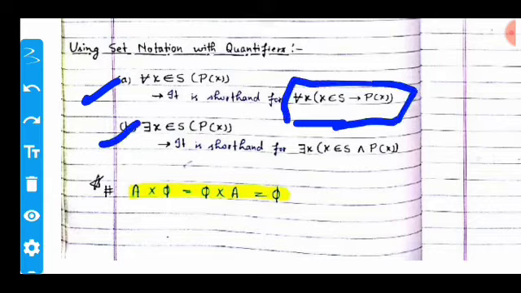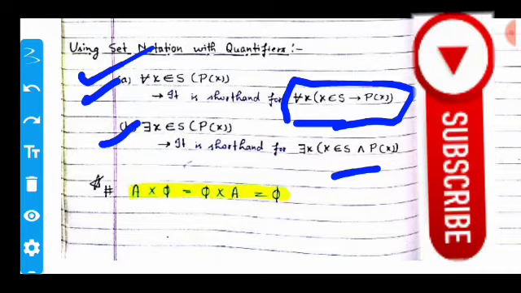And there exists x belonging to S, P of x. So we know that the existential quantifier is closed under conjunction, and the universal quantifier is closed under the conditional statement.